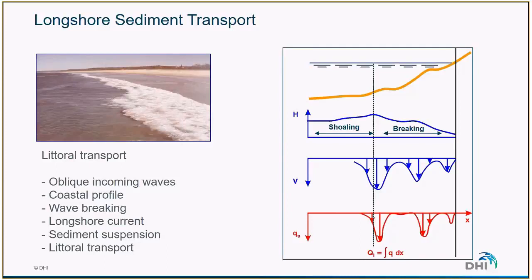Based on this wave transformation, we can calculate the wave-driven currents, and based on these wave-driven currents, we can calculate the sediment transport. This can be done for any combination of wave parameters and water level, which is very useful when we are looking at time series.